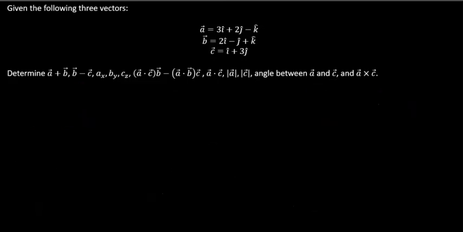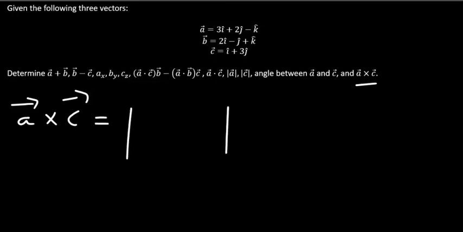Now the last operation, A cross C. This is the vector product of A and C. To do this, we can rely on the determinant method. The first row is the components of vector A. In this case, the x component is 3, the y component is 2, and the z component is minus 1.